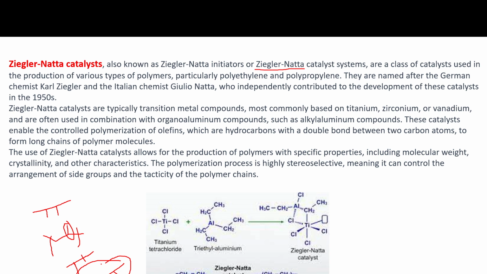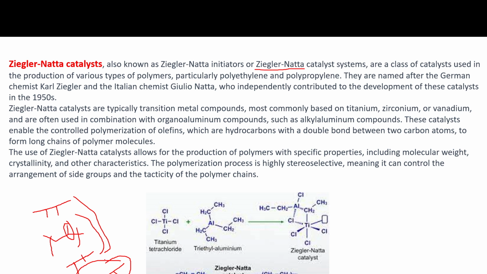The crystallinity is high because, in the syndiotactic or isotactic cases, due to this arrangement the chains are closely packed into the crystal. If they are closely packed, the crystallinity will be high. For the atactic case, it may be amorphous.